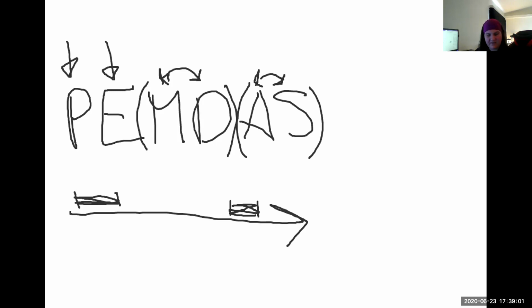But if there was an addition problem right here and a multiplication problem over here, we would do this multiplication problem first because it comes before the addition. I hope that makes sense, and it should make sense as we go through these.